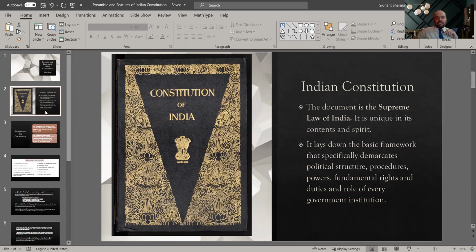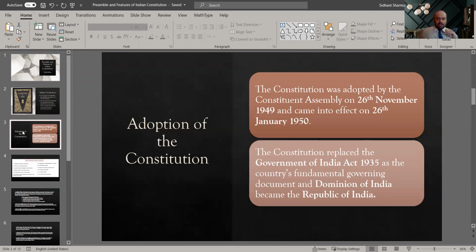First, we need to study how this document came into force, how it was adopted, and what are its different salient features. So moving further, as you can see, the Constitution was adopted by the Constituent Assembly on 26 November 1949, and it came into effect on 26 January 1950.